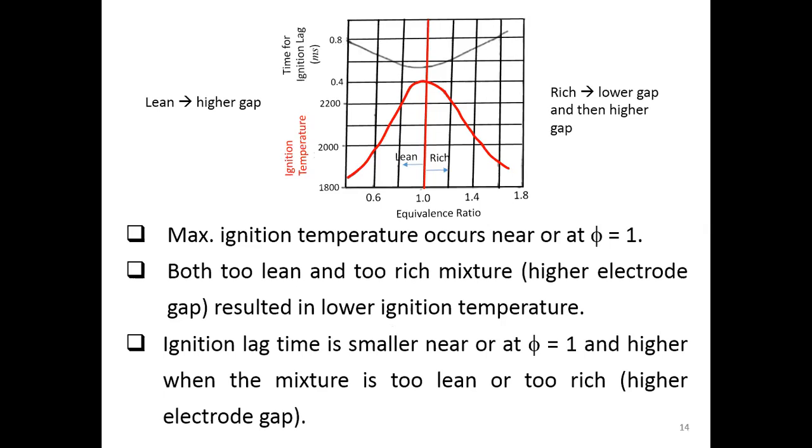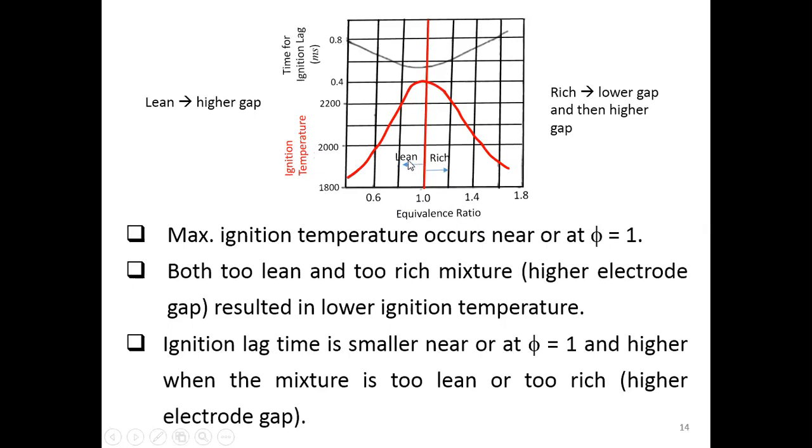This graph shows you the ignition temperature versus the equivalence ratio. You can see that if you go for the stoichiometric ratio, there is a good chance that you will get the maximum ignition temperature here.